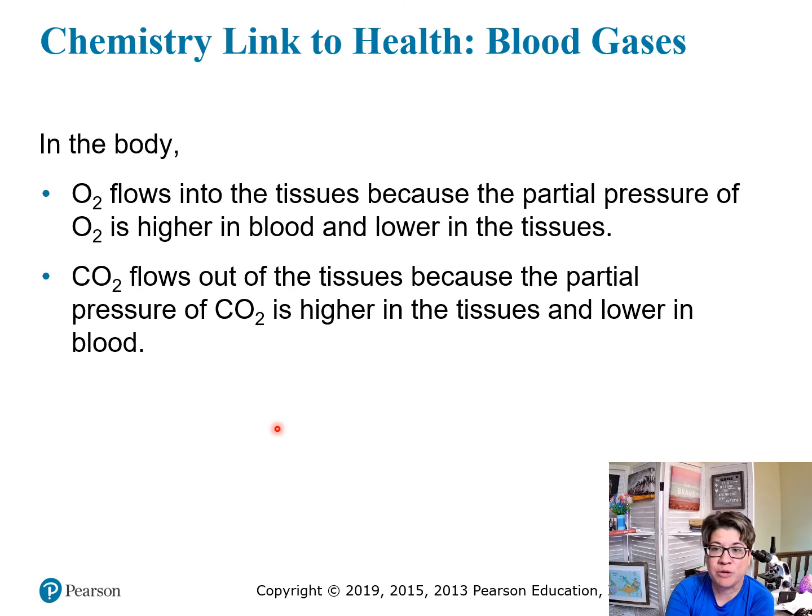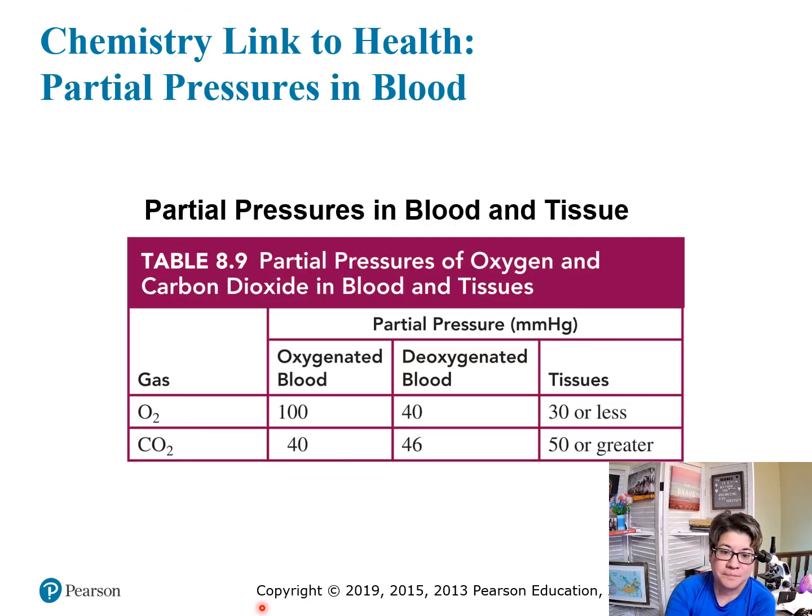So the partial pressure is what makes it go the right direction into and out of your tissues and your blood. So here's an example here. Your oxygen in oxygenated blood is higher and lower in deoxygenated blood, so it's going to push into there, and then it's going to go vice versa from deoxygenated to oxygenated. So they're going to switch places, and that's going to cycle your blood through.